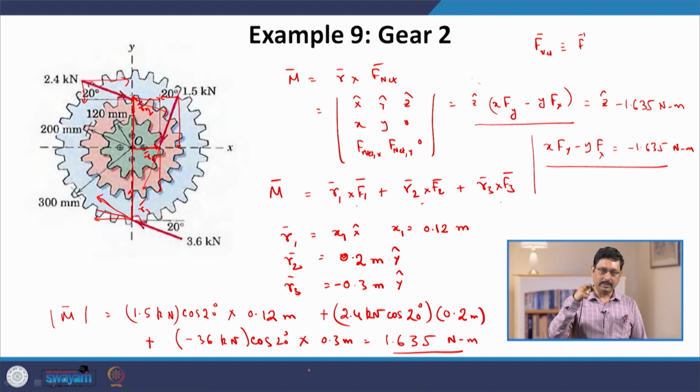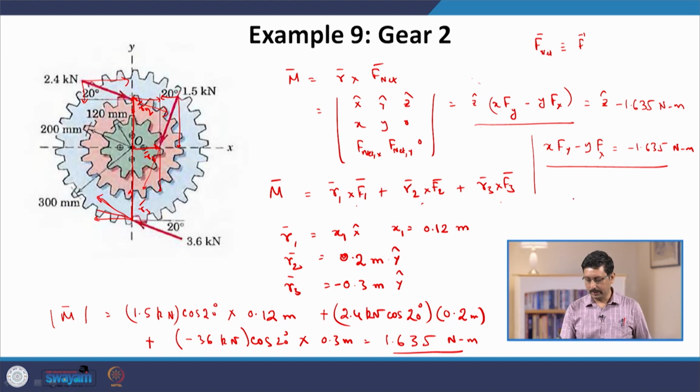So you cannot determine precisely the point of application. All you can determine is the line along which you should apply the resultant force to generate the same amount of torque. Now, the question asks for the x and y intercept.